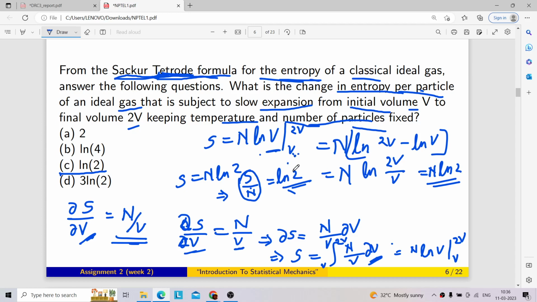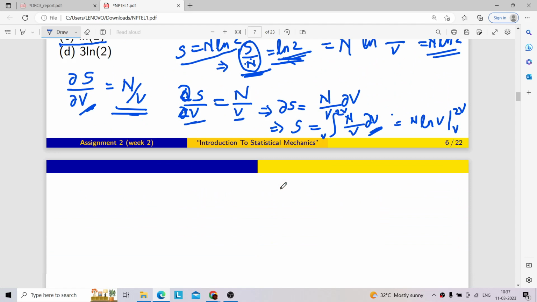Our volume is varying from V to 2V, so from that we got S is N ln 2. What is the question? Entropy per particle. So we can divide by N on both sides, and we get entropy per particle as ln of 2. Right.